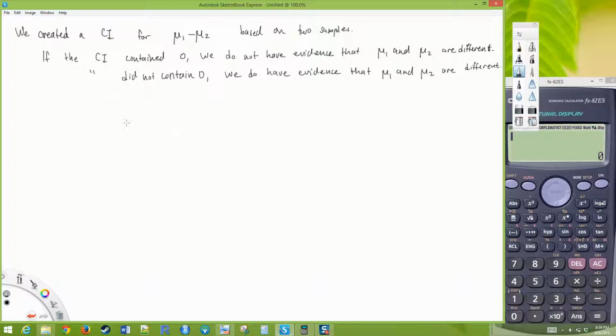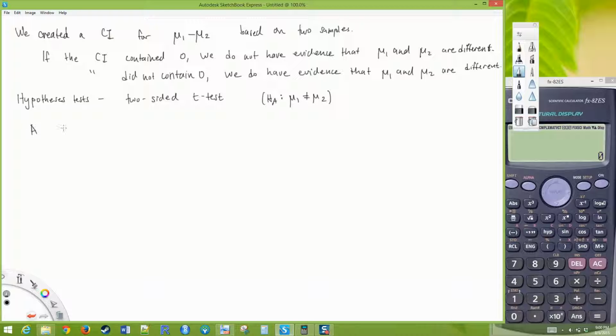Okay, and compare that with our hypothesis tests, and especially a 2-sided hypothesis test, a 2-sided t-test, meaning the alternative is that mu1 doesn't equal mu2. Essentially, these are equivalent.